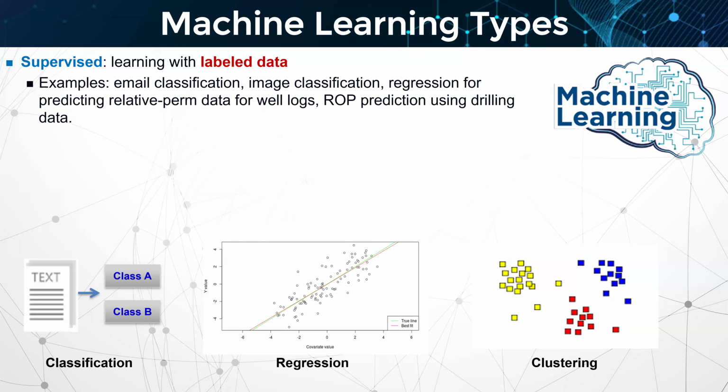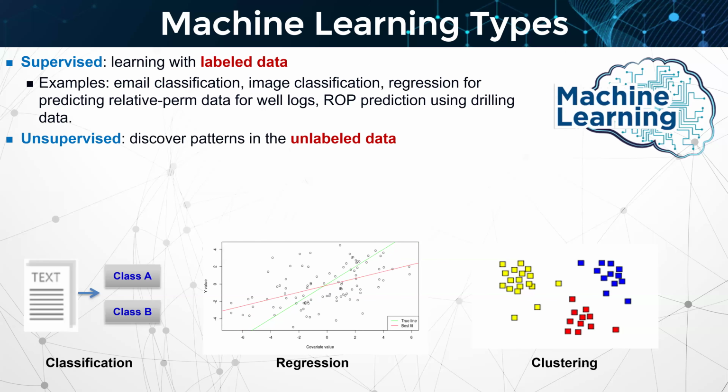The network will learn from the input data and get lessons to understand the physics of your problems and be able to predict the results. Examples for supervised learning are predicting permeability data from wireline logs, and drilling optimization like ROP prediction using drilling parameters and so on.